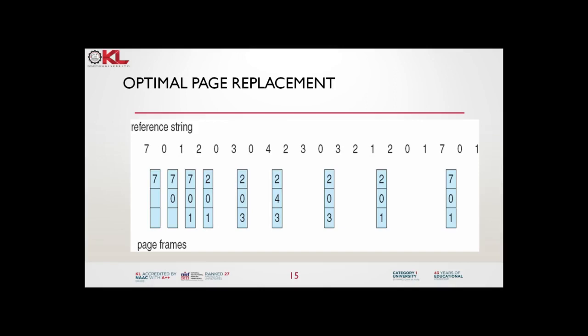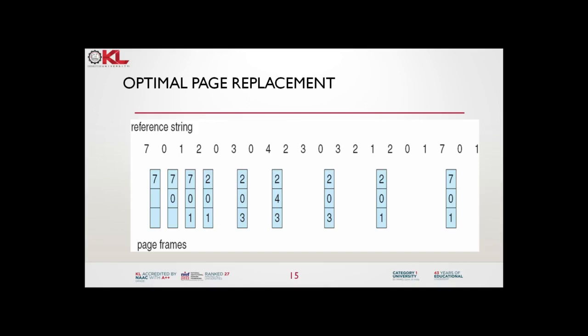So this 1 is also useful for me when compared with the 7, because 7 is the longest time away; it is not going to be used very soon, right? So this is the best appropriate action to be taken here: replacing this 7 with the 2. That's how the optimal page replacement algorithm takes place.